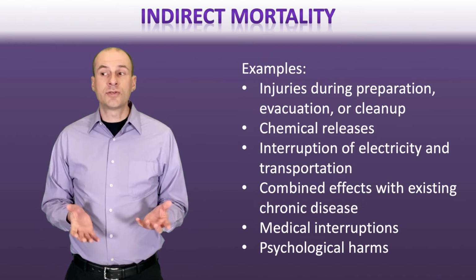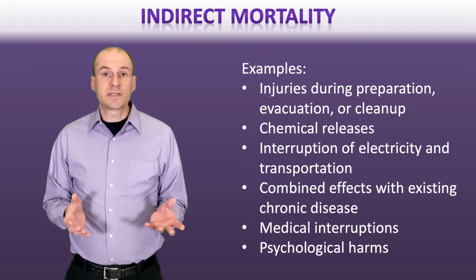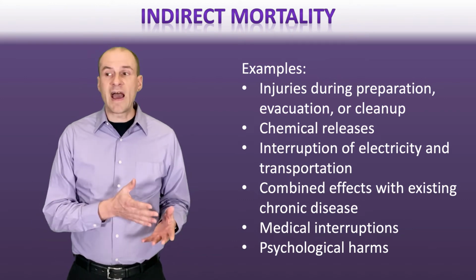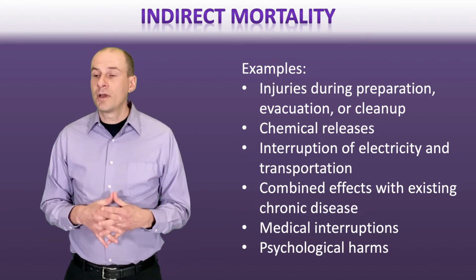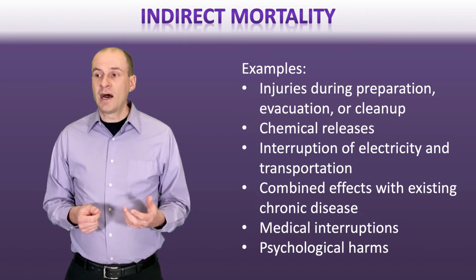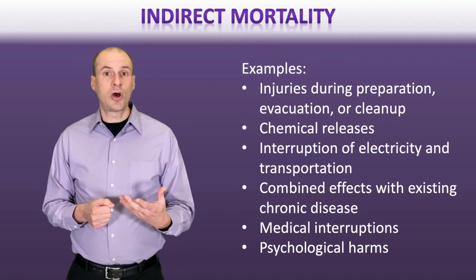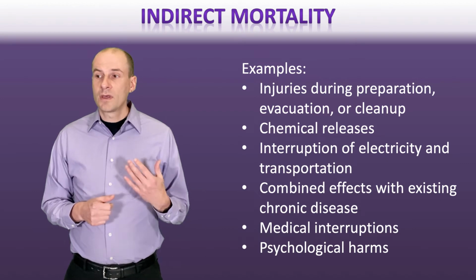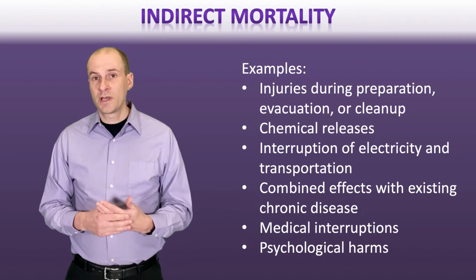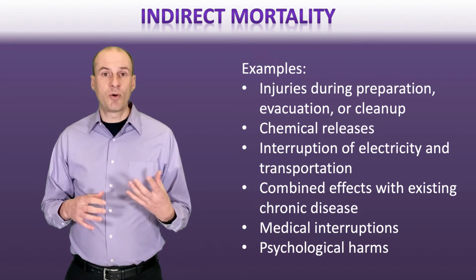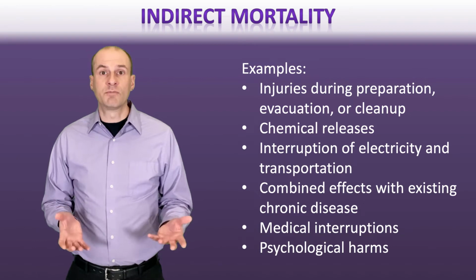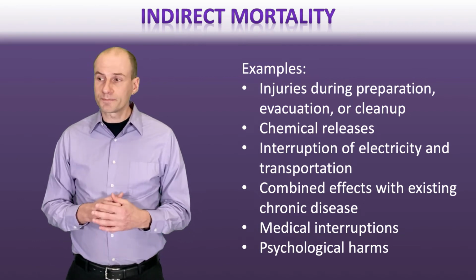So what might those be? Those might be injuries that occur as you're preparing for the storm, as you're evacuating, or during cleanup. I talked a little bit about chemical releases of various sorts, sanitation, other things that could cause harm. Interruption of electrical power. So a lot of these storms, Hurricane Maria, for example, where you had months without power across, in fact, the majority of Puerto Rico.